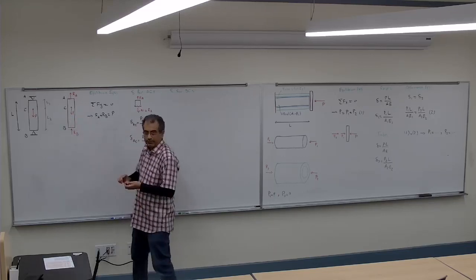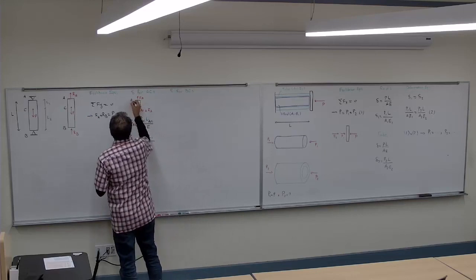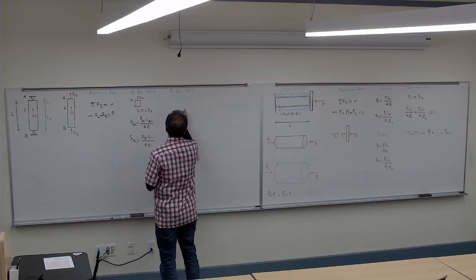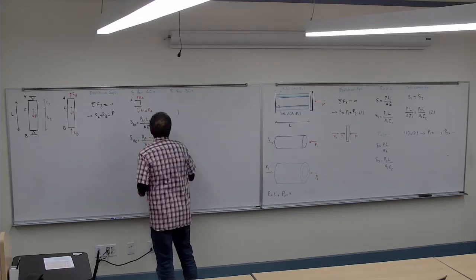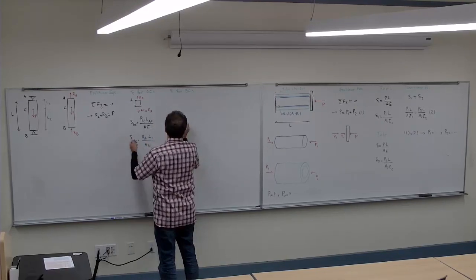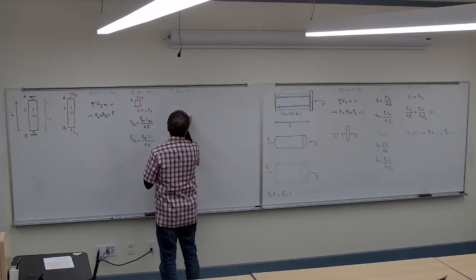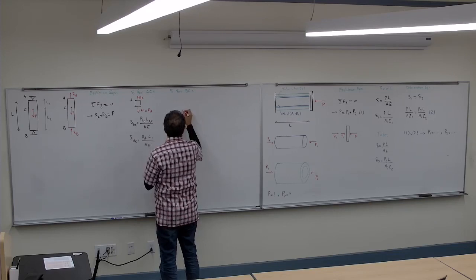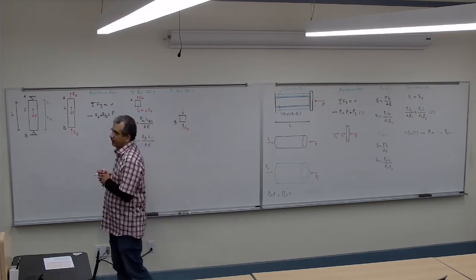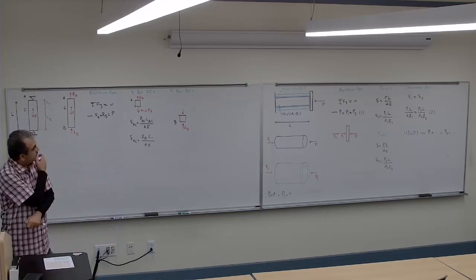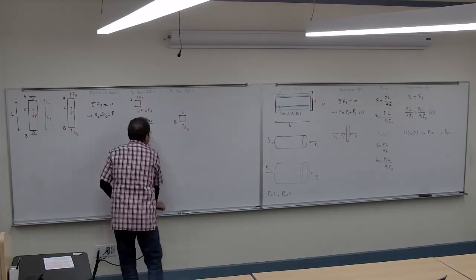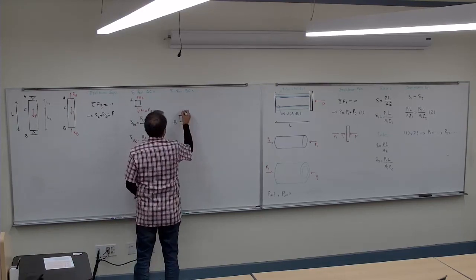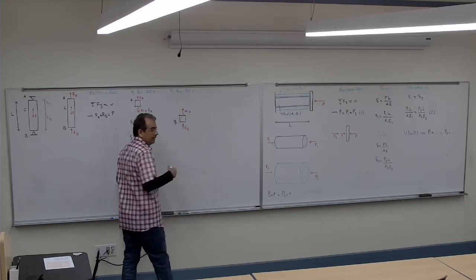So I keep the bottom part, so that's the point B, and then I have the RB, and then I have the N. Remember, N is always drawn as tension, correct?